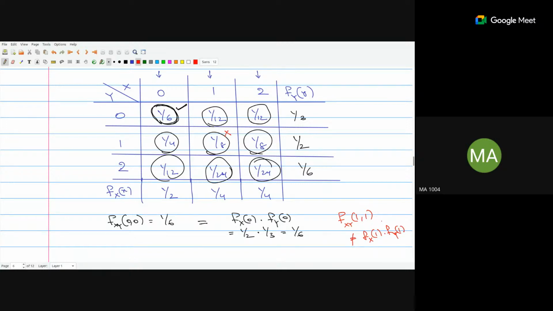In this case, it is very easy to observe. You can check all the 9 entries, and every entry can be written as the product of marginals. So we can conclude that X and Y are independent.